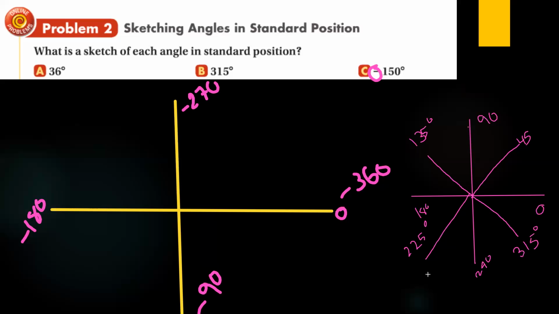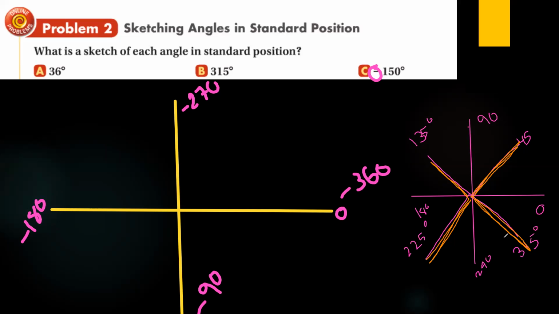Now these are the angles in the middle between each quarter. If you divide the quarter into half, the angle will be 45. And if you divide quarter 2 into half, you will get 135, and so on. Now, here I want to draw negative 150.